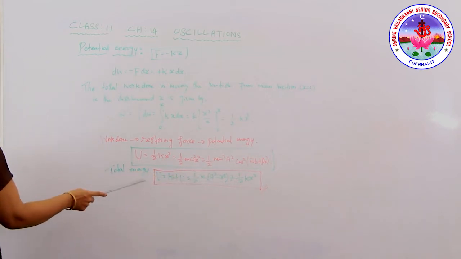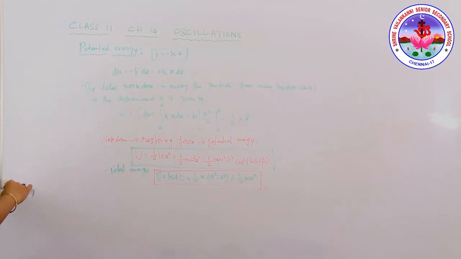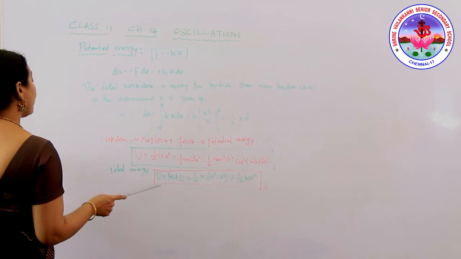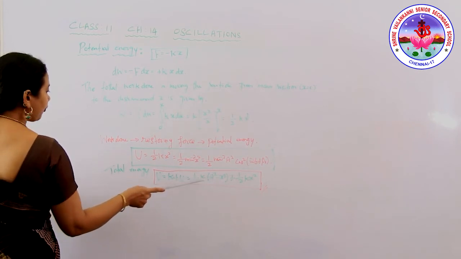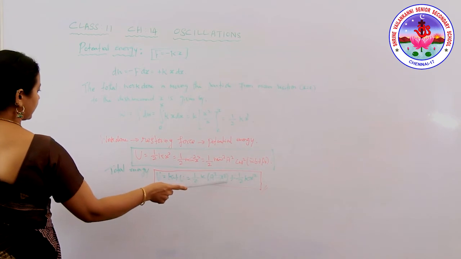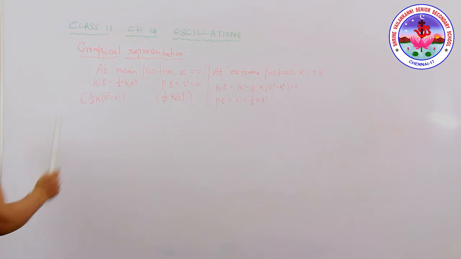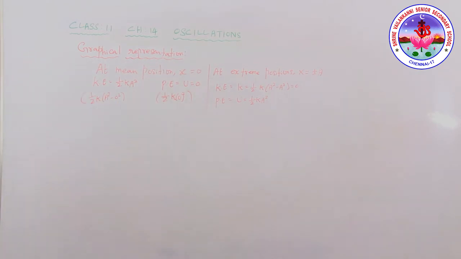So the total energy is what we have said already, that is partially the kinetic energy and the potential energy. Together we will get the total energy. Then E which is equal to K plus U, that is half k(a square minus x square) plus half kx square. Graphical representation. This is for energy in SHM, right?